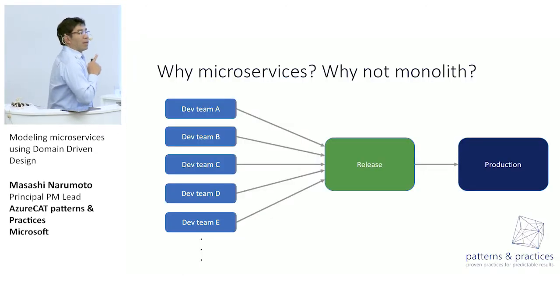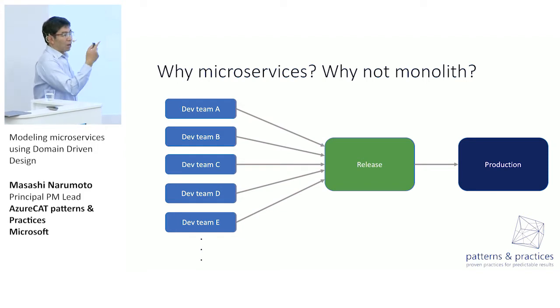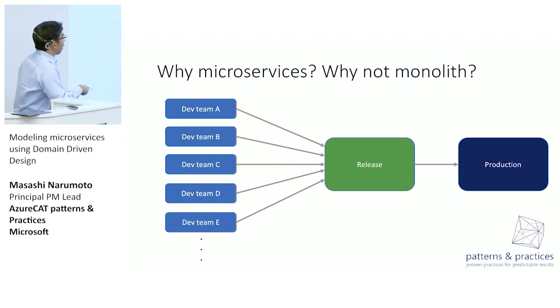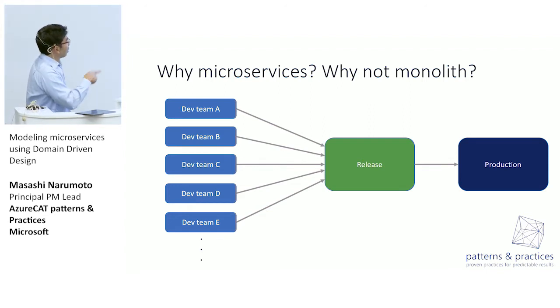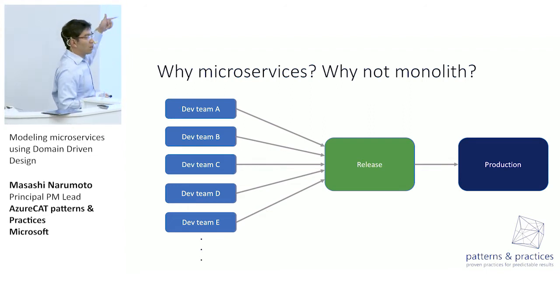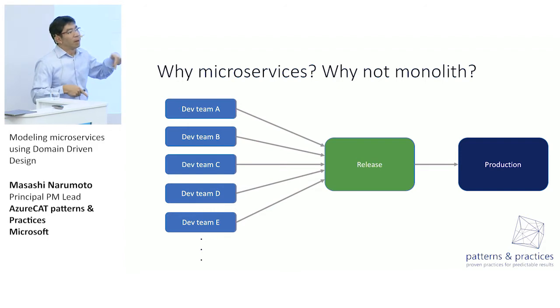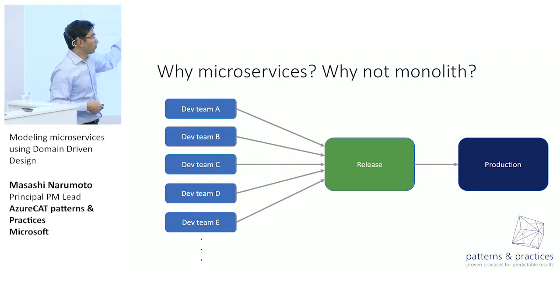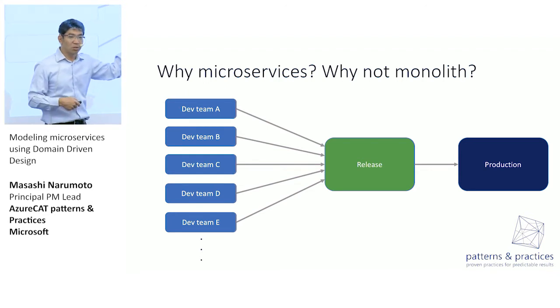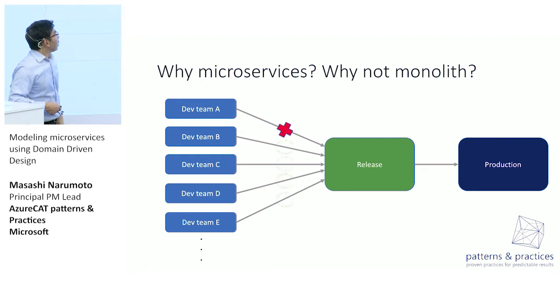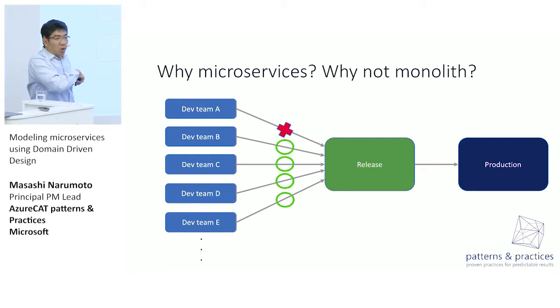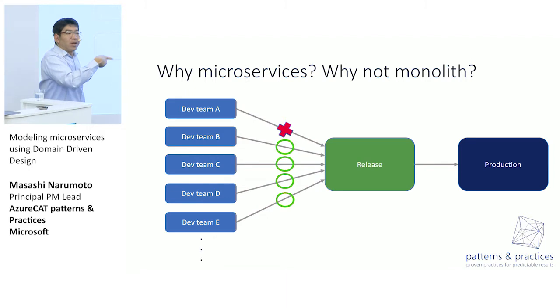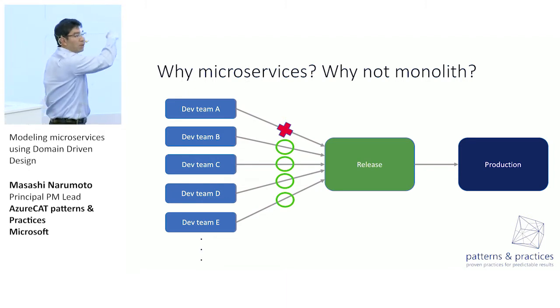So this is the common problem with the current architecture. In this case, there are 5 teams working on one application, and each has its own features, right? Those 5 teams are going through a single release pipeline, going to the production cluster. And when those folks are trying to release the latest update, one of those 5 teams screws up.